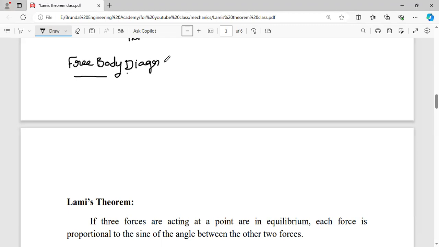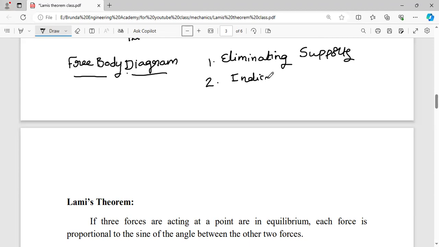Free body diagram means the diagram drawn by eliminating the supports and indicating the actions and reactions.